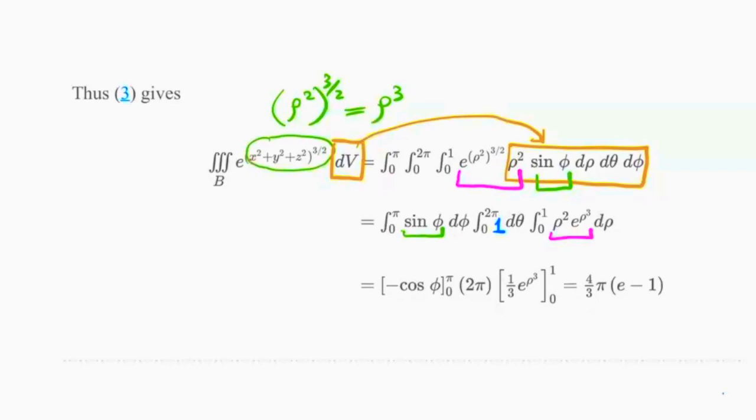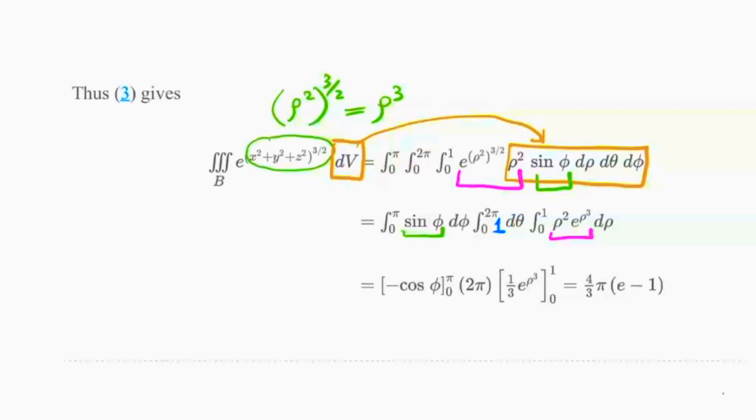The first integral here is the integral of this function that is a function of phi, and then d phi. Phi goes from 0 to pi. And here is a function of theta, and you don't see a theta here, so think about the function here as the constant 1. Theta goes from 0 to 2 pi.